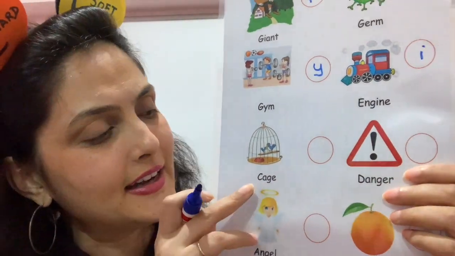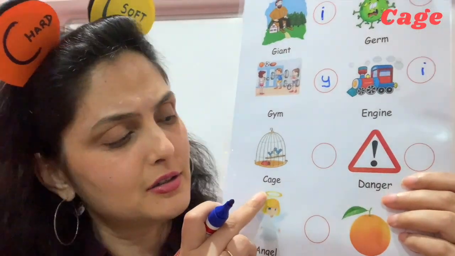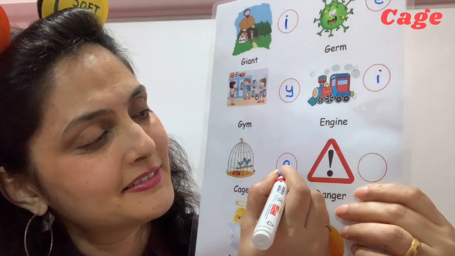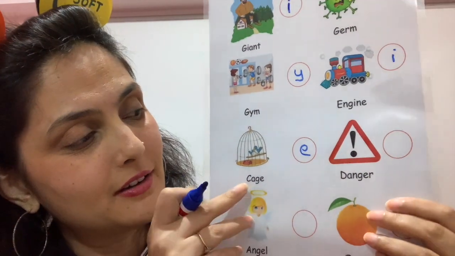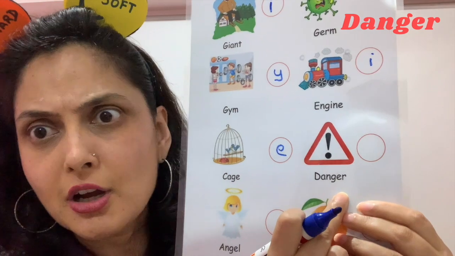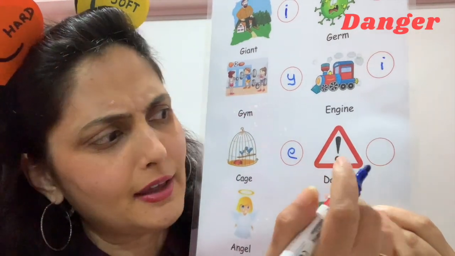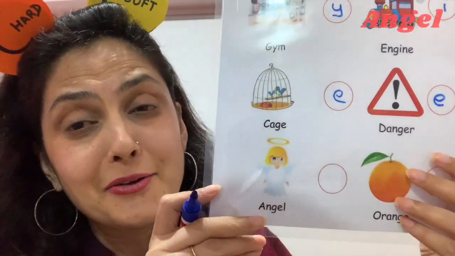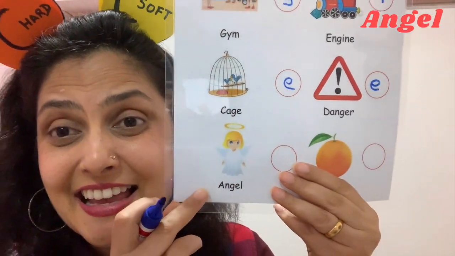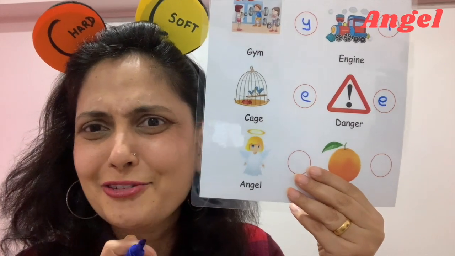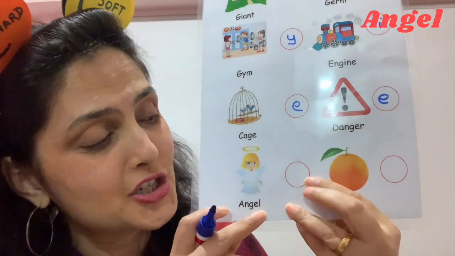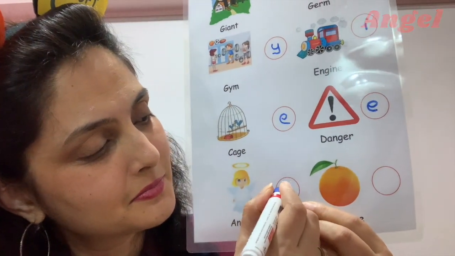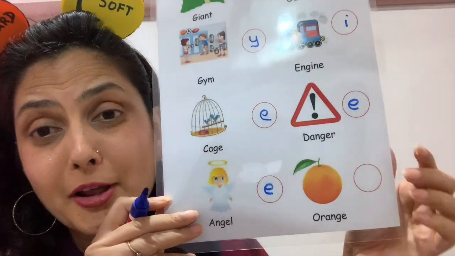Now let's go ahead and see. Cage. What comes next to G? An E. Let's look here. Danger. What comes next to G? An E. Wow, what is this? An angel, just like all of you. An angel. What comes next to G? E. What about this?